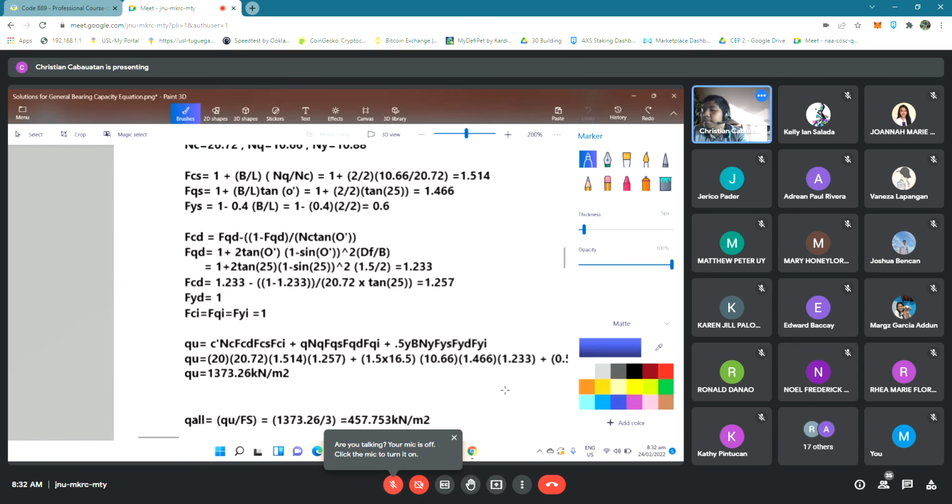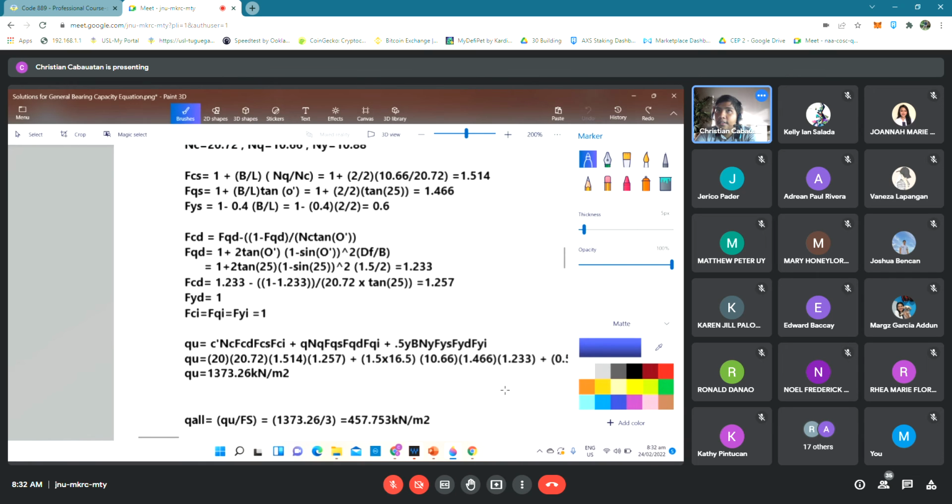Miss Addon, ito na po ba yung ating hinahanap na allowable load? Hindi pa po, sir. Paano mo nasabing hindi ito yung ating hinahanap?